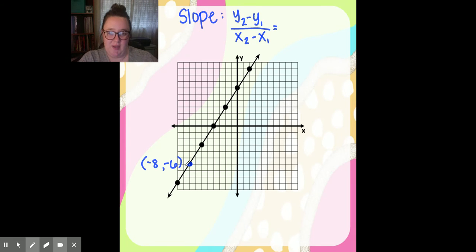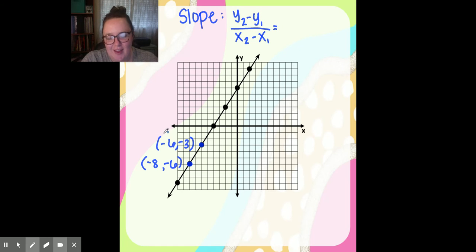The next point I might use is this one because remember slope, we can use any 2 points. I'm going to use that point, and that point is at -6, -3. Now that we have those 2 points labeled, then we can go back to our slope formula and fill it in, right?